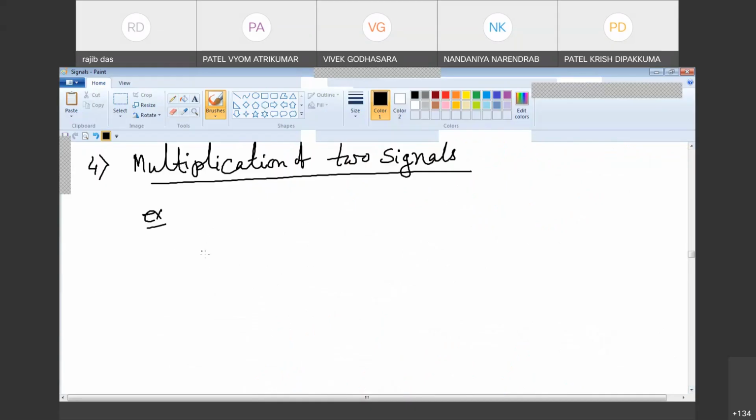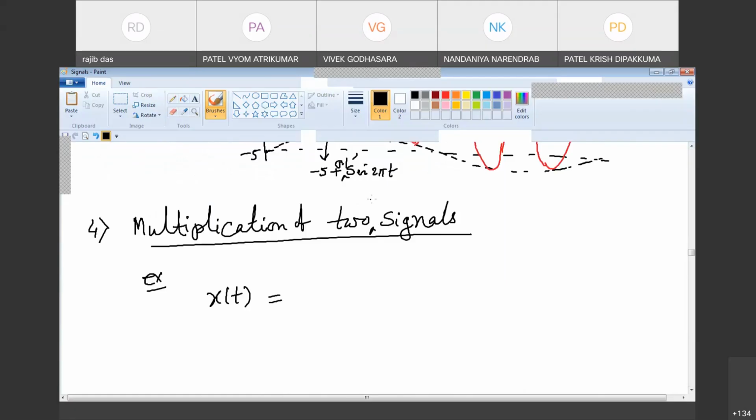Now, we used to multiply two signals. Suppose one signal is two or more, not only two. Suppose one ramp signal is t u(t), and with this, if you multiply sine omega naught t, and suppose I multiply with u(t), then what will happen?